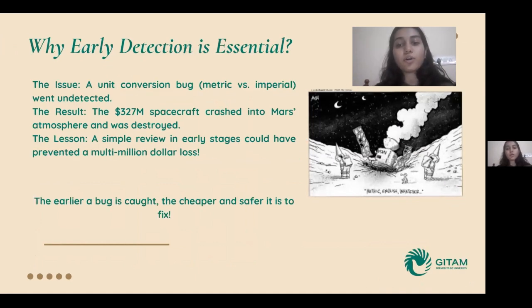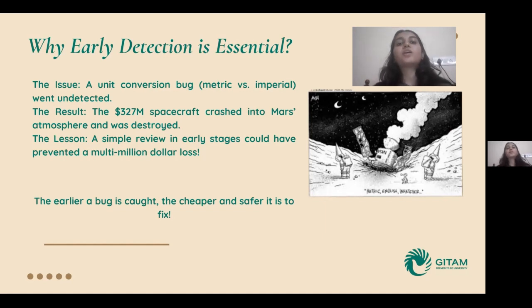There was a Mars orbital spacecraft that was made by NASA. The code was done, the rocket was made, the spacecraft was made and sent into space. However, all the scientists working on it didn't review a tiny unit conversion bug that occurred. It went undetected, and the 327 million dollar spacecraft ended up crashing into the Mars atmosphere and was destroyed.